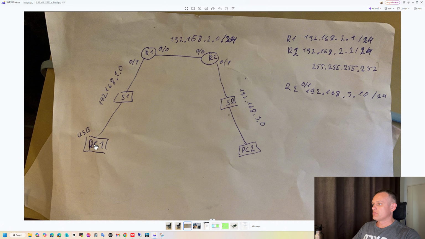Here, for example, in this picture you can see PC1, PC2, switch 1, switch 2, router 1 and router 2. They did this lab on hardware equipment, and he also has hardware equipment, I mean routers, switches, one physical PC, and here, for example, you can see PC1 for him.